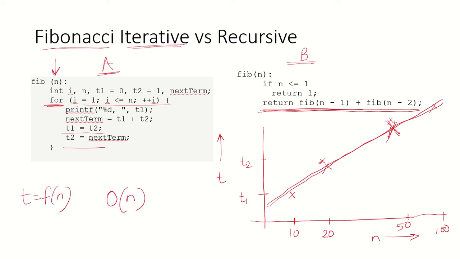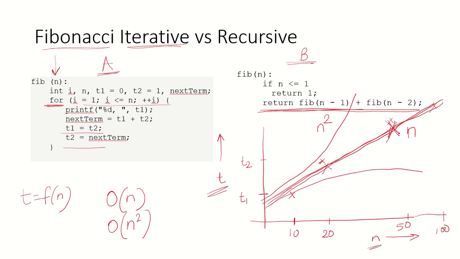So we say that this is a linear relationship, so the time complexity is of the order n. There is a possibility that the relationship between t and n would be quadratic in nature. Then we would say it is of the order n square, or the relationship between t and n could be logarithmic in nature. So then we say it is of the order log n.